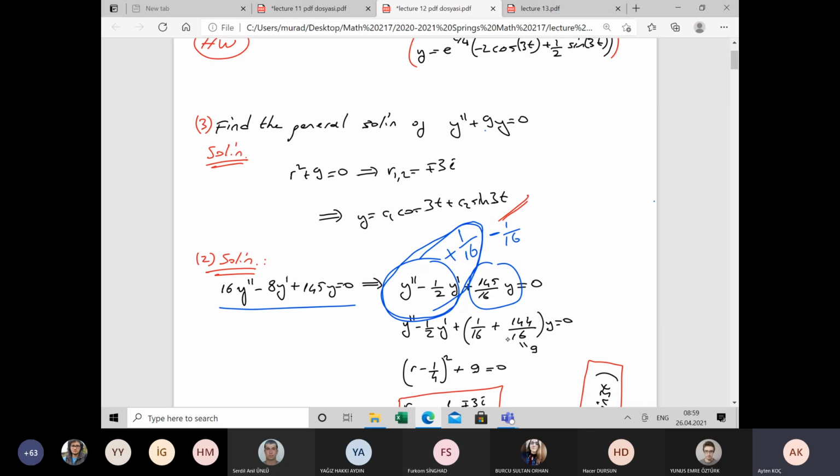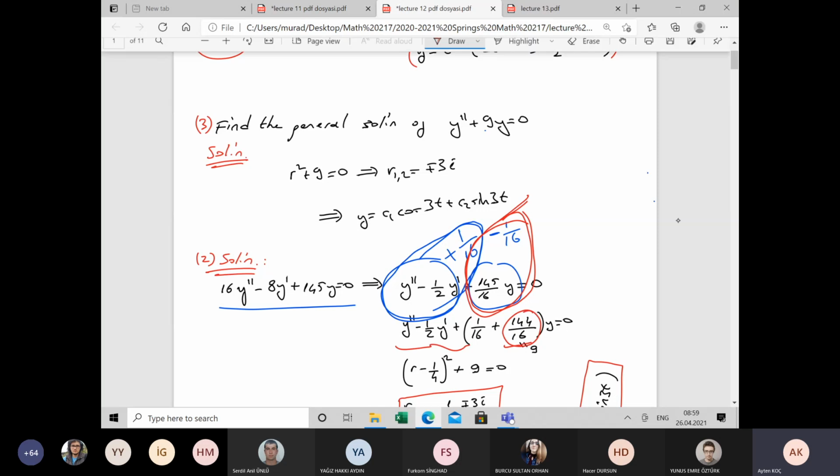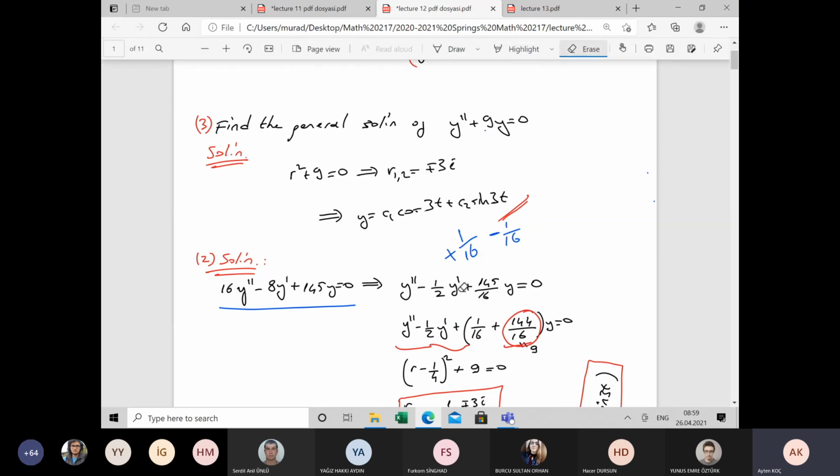Look at this part, and this part gives this one. So we obtain this plus this one. Rewrite: add 0 to the left side, plus 0, and plus 0 is this one.